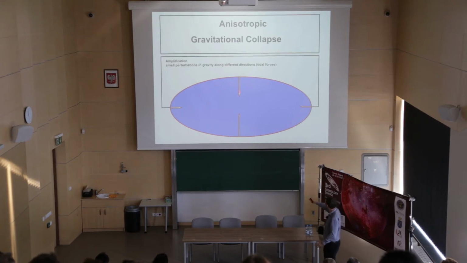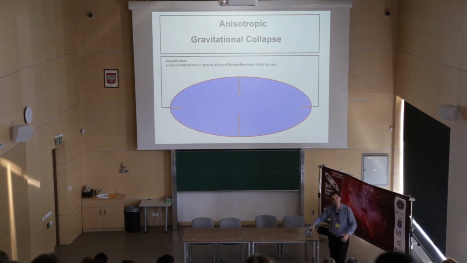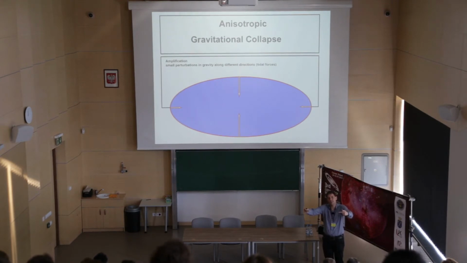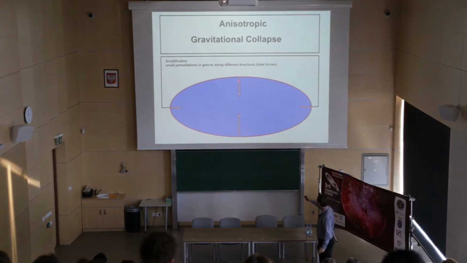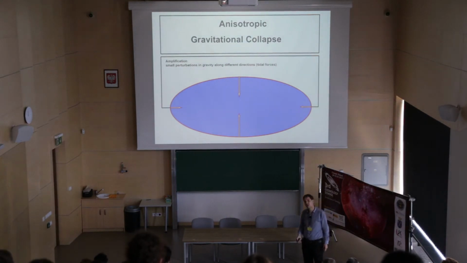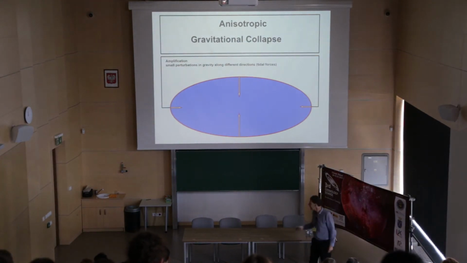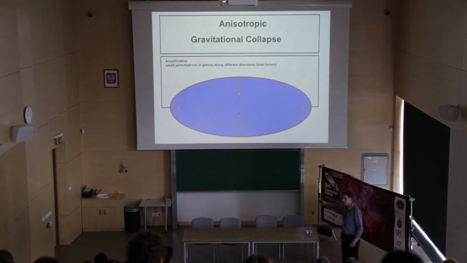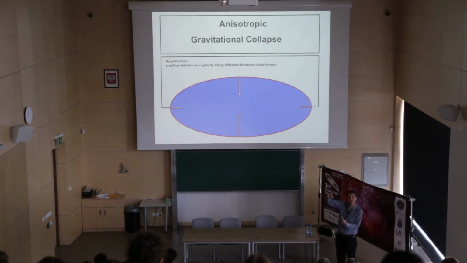But if you draw a sphere around the outer region, then it involves also some of the less dense stuff of the surroundings, and effectively that leads to a smaller force along the long axis, right? So there is more attraction along the small axis than along the large axis. That means that the collapse along the small axis goes faster.